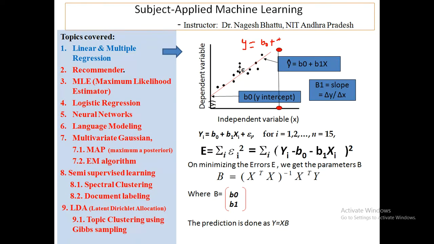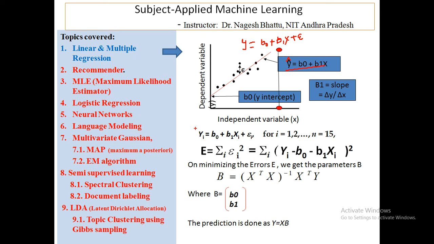Let us say b naught plus b1 x plus some error term epsilon. And the estimated value of the response variable or dependent variable is related with input or independent variable x linearly, where b naught is the intercept of the model and b1 is the slope of the line.